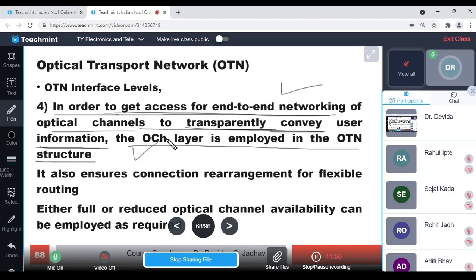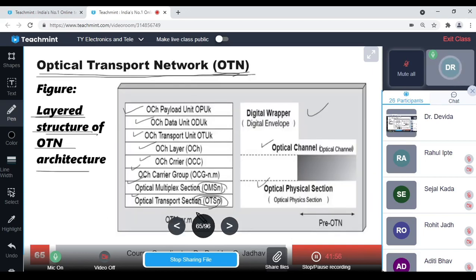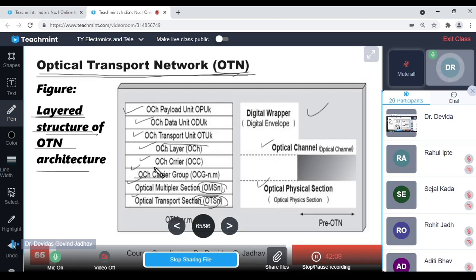The OCH layer can be employed in the structure. So various OCH layers are there, the OCH carrier, the OCH layer.